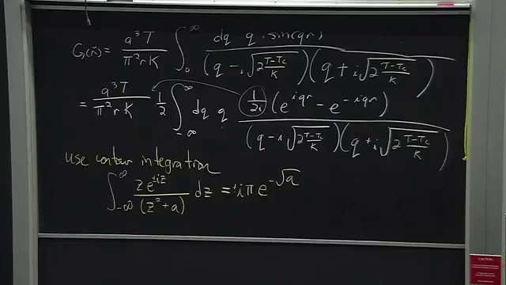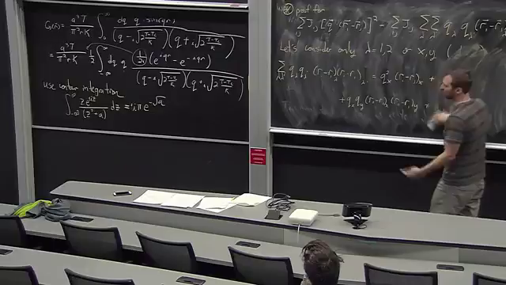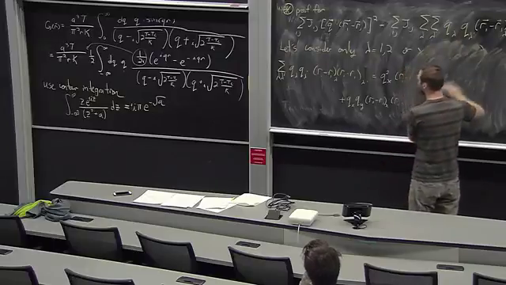That's what I used. So when you do that contour integral, now you get your expression that defines the correlation length. But this is only the expression for g of r in 3 dimensions, remember.